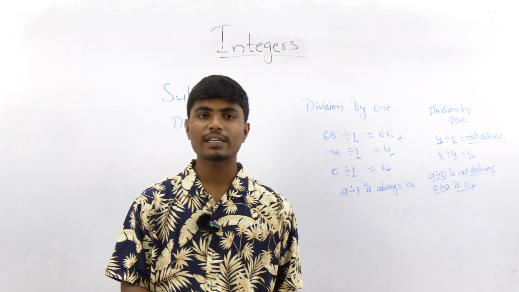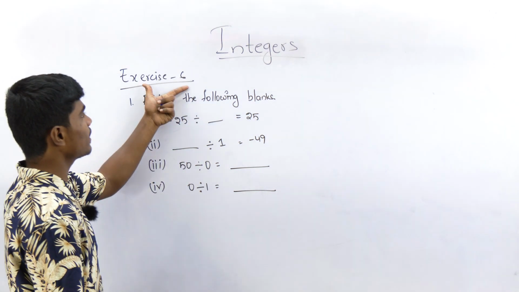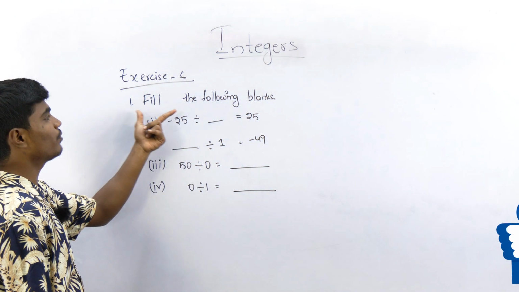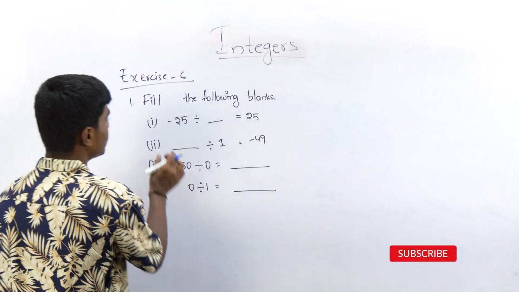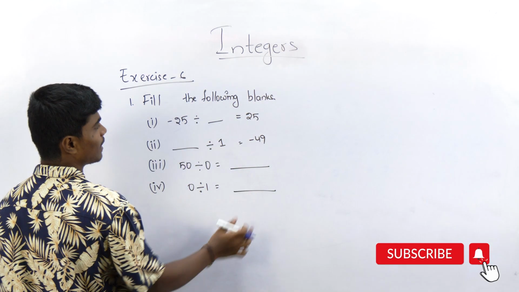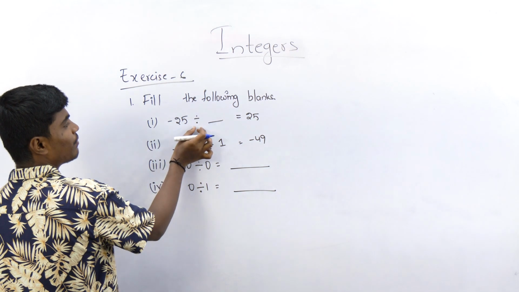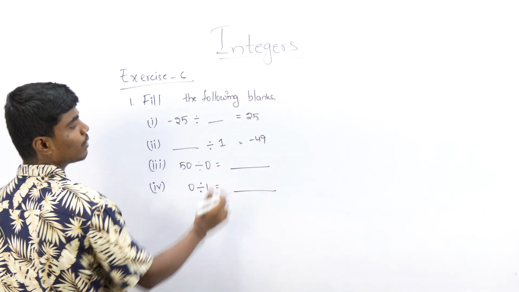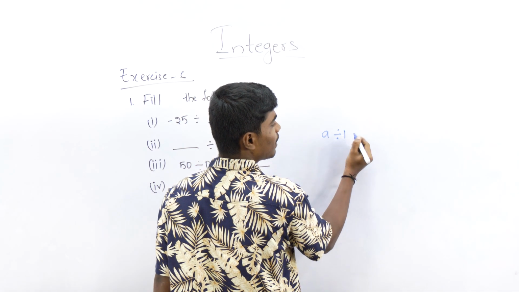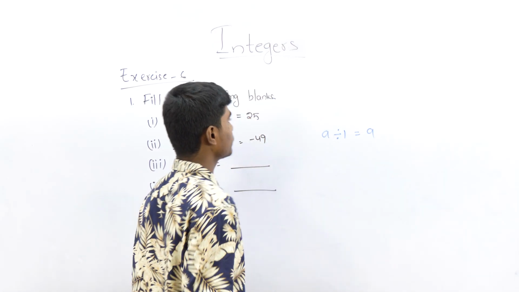Now let's move to the exercise. Let's move to exercise 6. In exercise 6, we have only one problem. Fill in the following blanks. Here he gave some problems with blanks. We have to fill these blanks. First one, minus 25 divided by blank is equal to 25. As we know, a divided by 1 is equal to a.